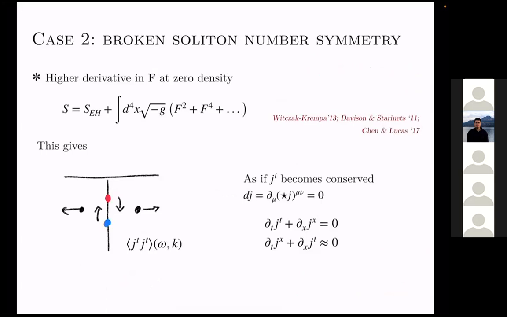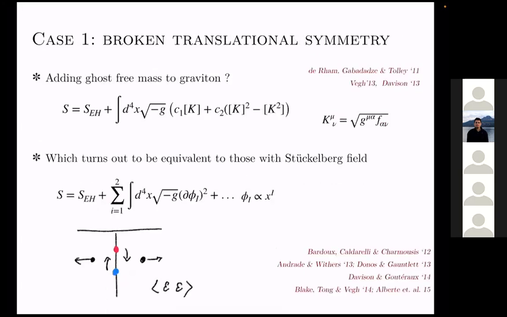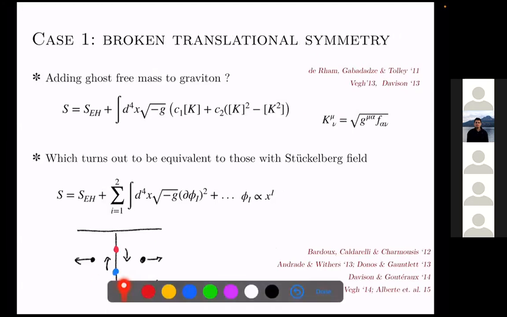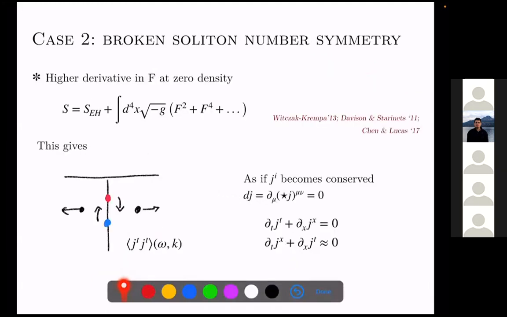Now another thing, you're going to see this picture a lot, but for different correlation functions. Now we can look at the high derivative in field strength at zero density. So no charged black hole, just the normal Schwarzschild black hole, and you want to study the gauge field fluctuation on that. But now not on top of the Maxwell action, but maybe a higher derivative term. Or you can try to add infinitely many of them and wrap them together in a DBI action.